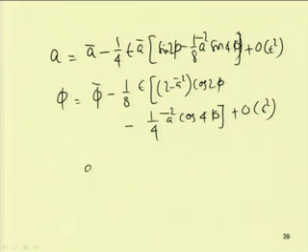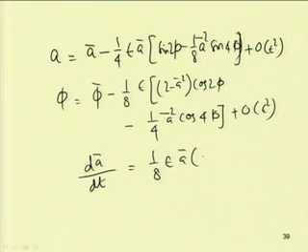Here, d A bar by dt is equal to 1 by 8 epsilon A bar (4 minus A bar square) plus order of epsilon cube.